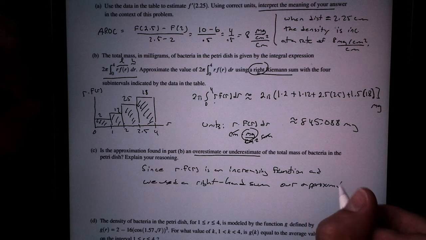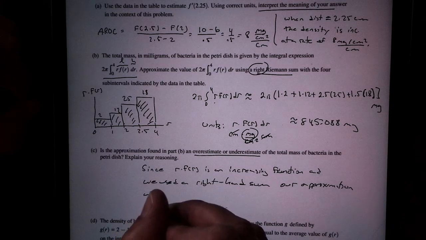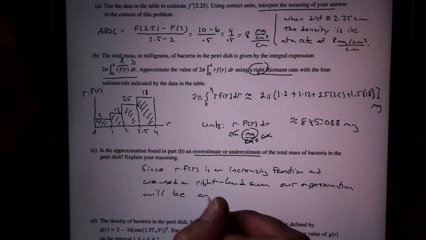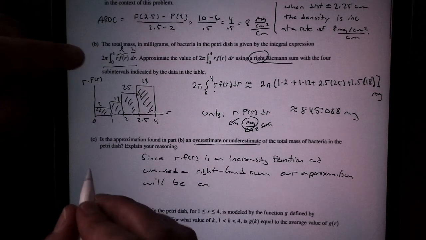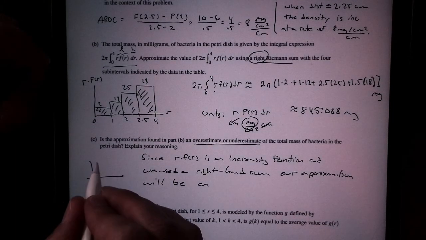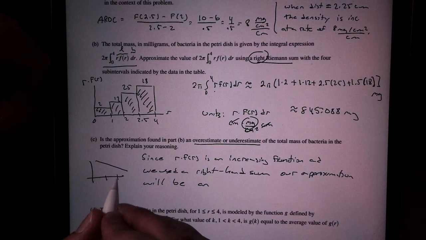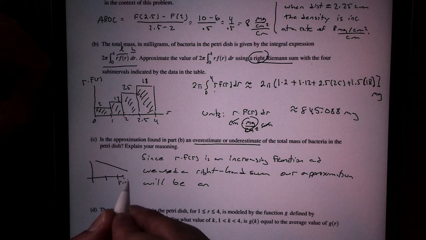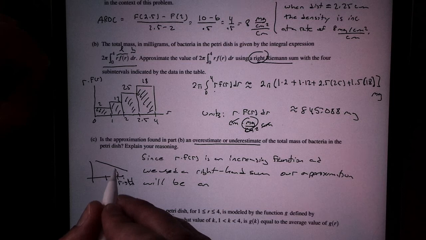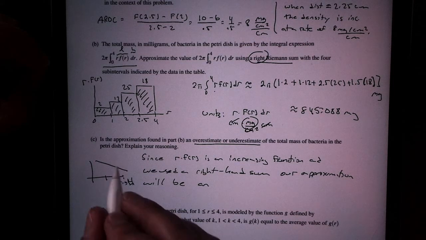Our approximation will be... well, I forget what it is, so I'm going to draw something out here. A decreasing function, pick two values. If I pick something on the right side, oh, that's not an increasing function.